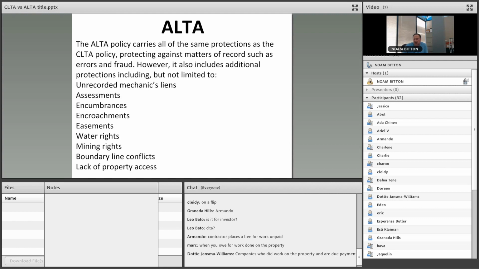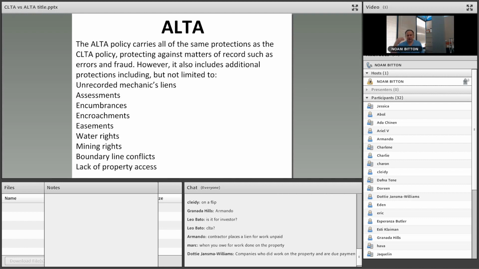Any assessments from government agencies affecting the property, encumbrances, as I mentioned, any liens from private people, and so on and so on. Encroachments and easements, very important. Anything that has to do with the property line, the ALTA policy will cover.